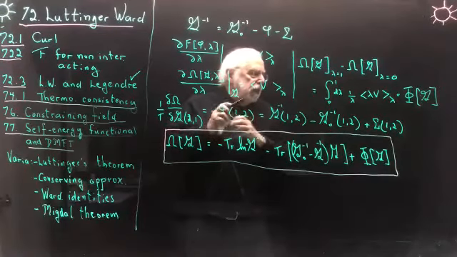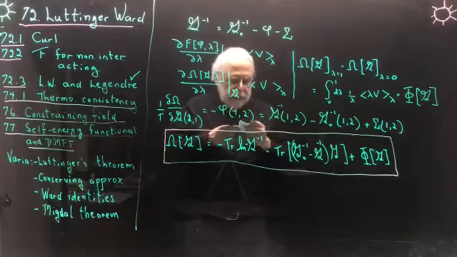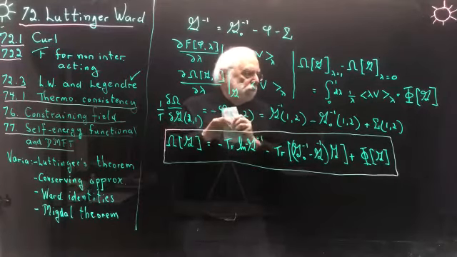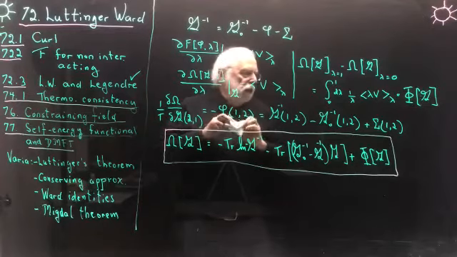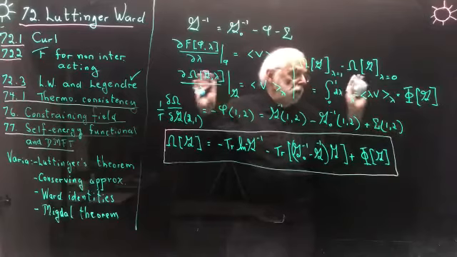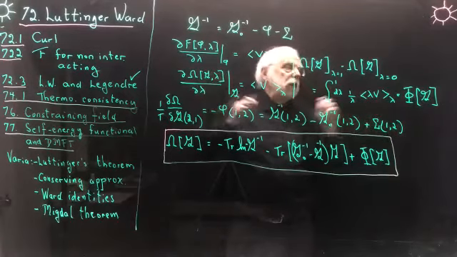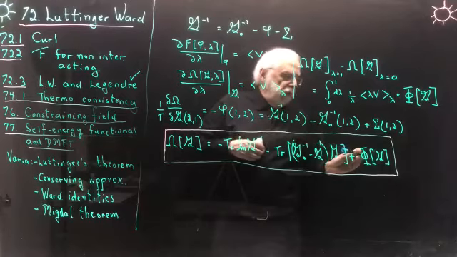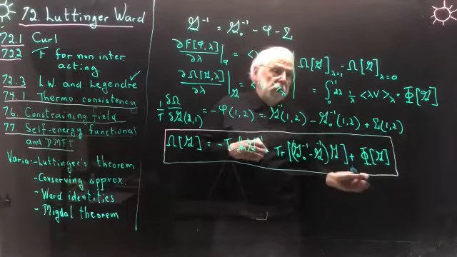And you see that it is universal in the sense that if I have a different non-interacting part to the Green's function, as a functional of the G, whatever G is, it has the same structure. In other words, the functional derivative of this phi with respect to G is the self-energy.